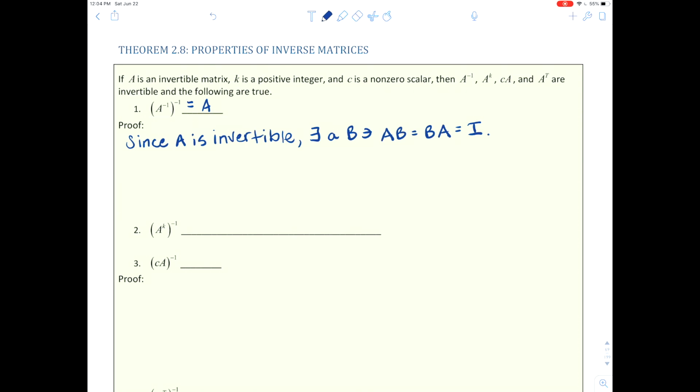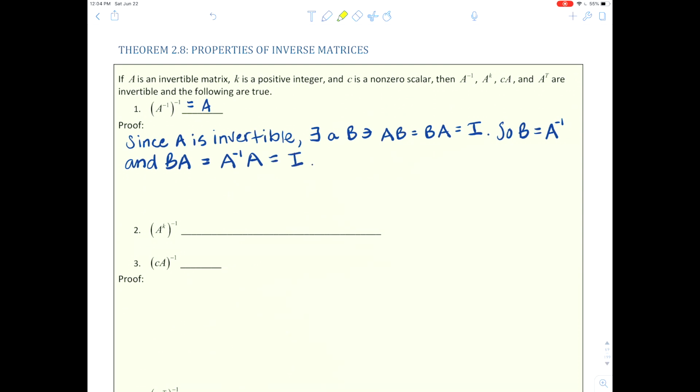So what can we conclude about B? Well, by definition, B is equal to A inverse, correct? But what else can we say about B? Well, BA then would equal, plugging in A inverse for B, A inverse times A, which is equal to I.